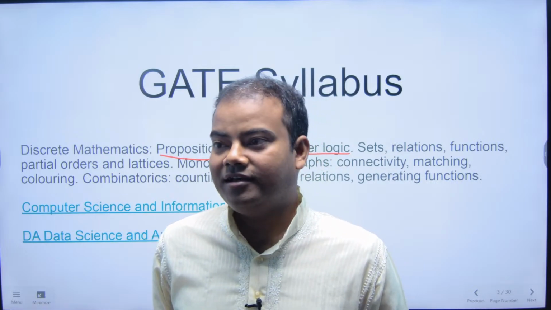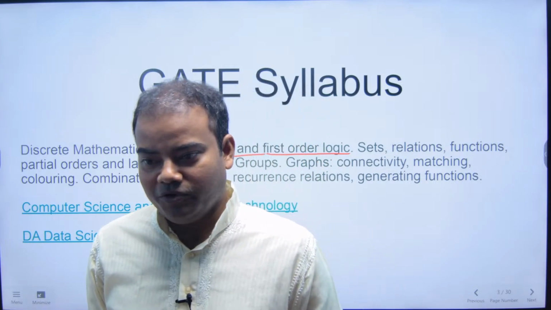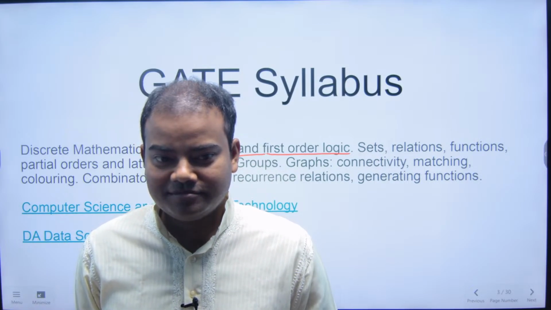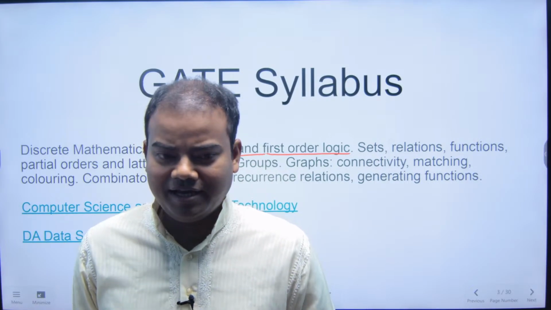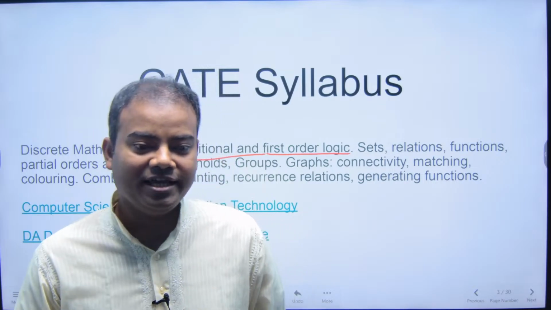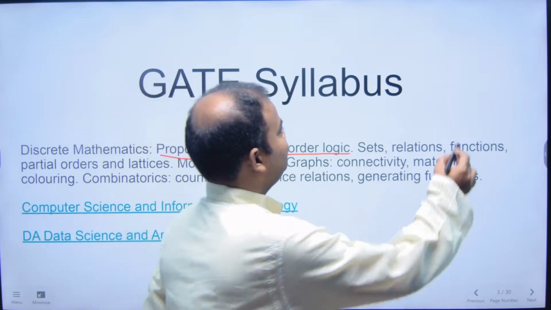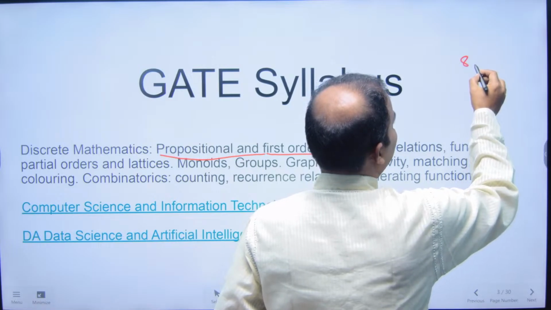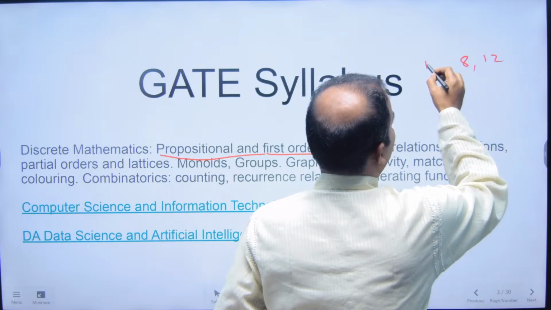When we say Euclid algorithm, you know what the Euclid algorithm is? You know, finding LCM or HCF. There are various methods. If I say finding the HCF of 8 and 12, how to find the HCF?